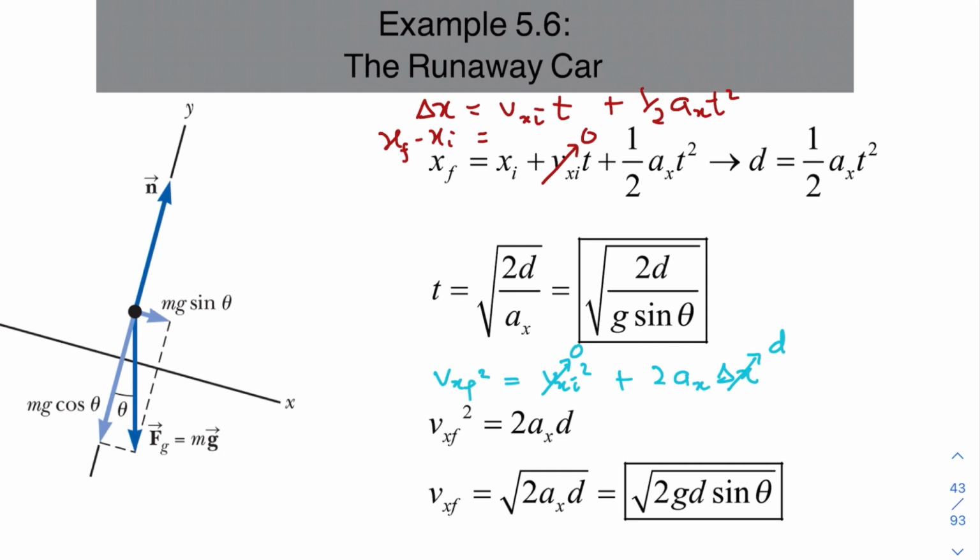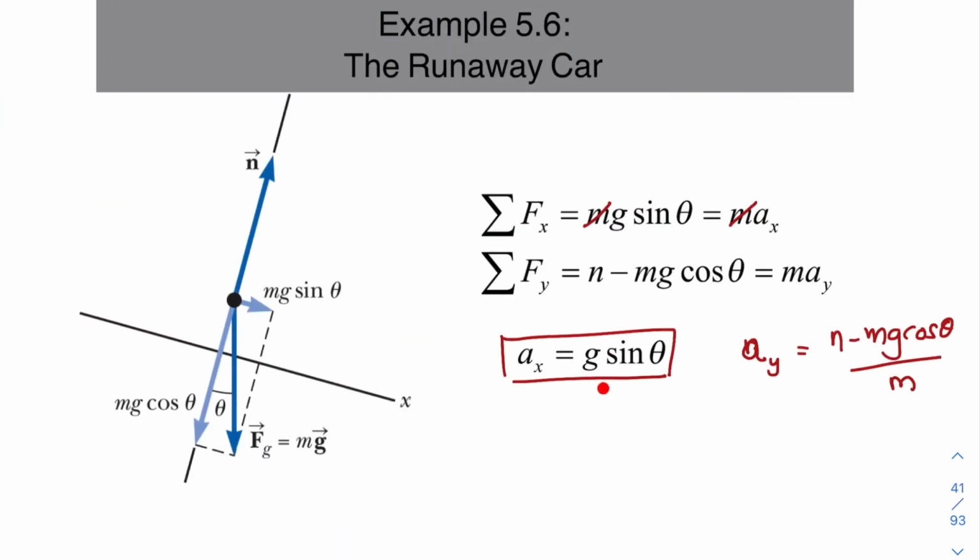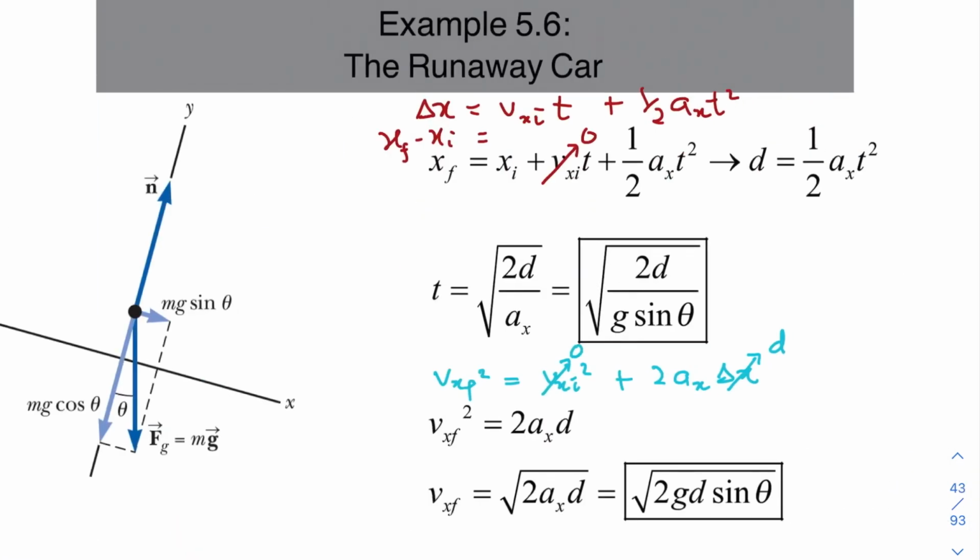So the v final of the car along x is going to be the square root of 2ax d. And our ax, just now, comes from the previous solution: ax is equivalent to g sin theta. Substitute it here and you will have this equation. Don't worry, we will do exercises having values for this. Inshallah you will understand more.